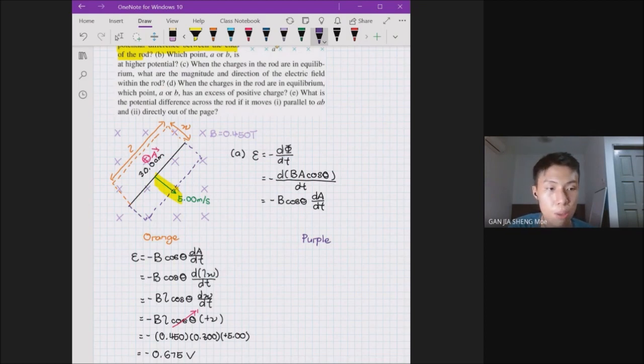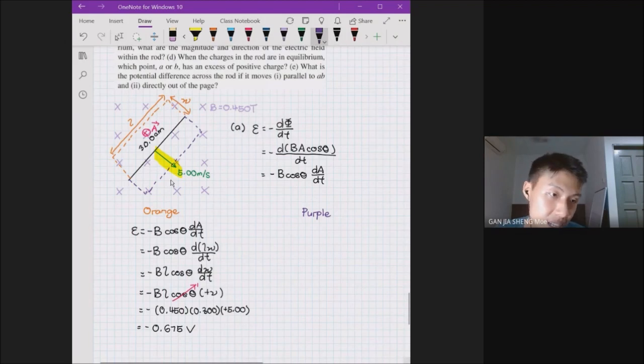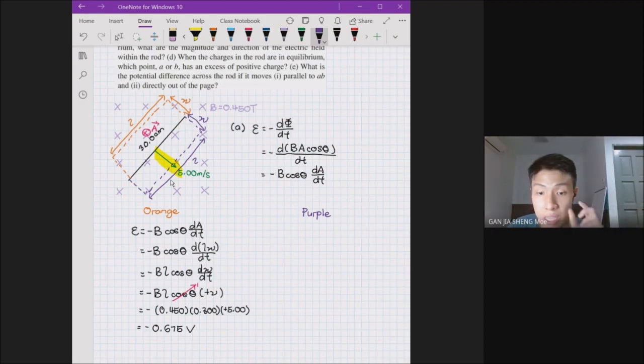Okay, so for the purple loop, the idea is still the same. The length is constant, but the width here is changing. And as you can see, if our rod is moving in this direction downwards, what will happen is the purple area here will decrease.